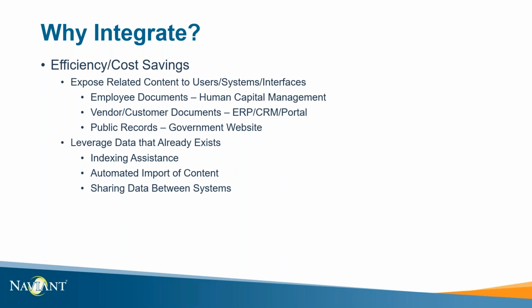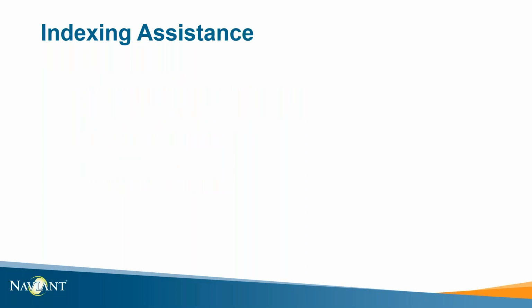You're using on-base workflow with that data for all of the processes. You're adding additional data throughout the process, but ultimately we now want to post that transaction into another system. That's a great example of sharing data between systems, where OnBase is the source and the destination is some other line of business application. So some of these different categories that I mentioned as I was going through the agenda, indexing assistance is one of those.